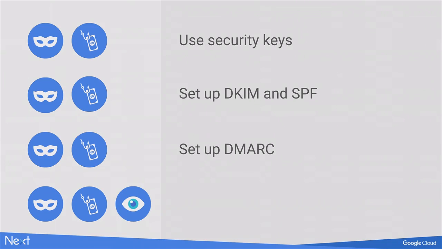Like the signature doesn't match up, or it's not one of the servers that I specified in my SPF settings. What should you do? I can tell the world, if it appears that way, reject it or report to me, and this is the email address. So you can tell the rest of the world how to deal with something that comes from your domain and fails those security checks. It's a critical step to make sure that your domain doesn't become a source of phishing and spam if any machine of one of your users gets compromised.